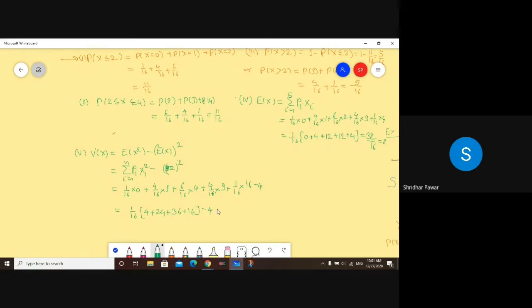So if you simplify this, 4 plus 24 plus 36 plus 16, that is 80 by 16 minus 4. 5 minus 4 is 1.